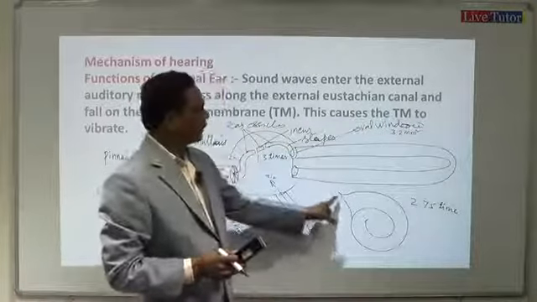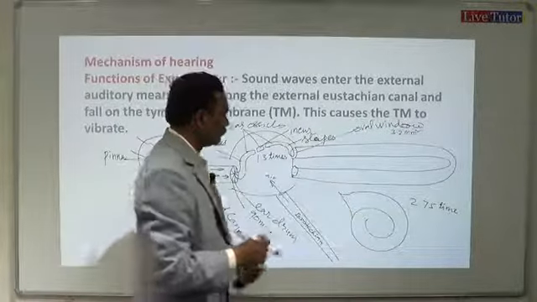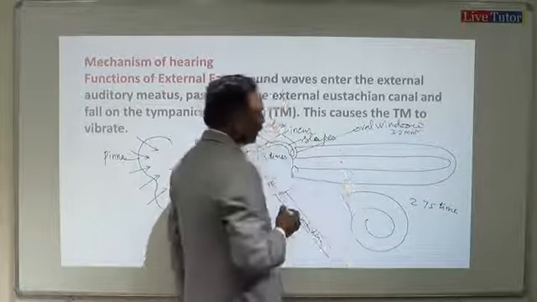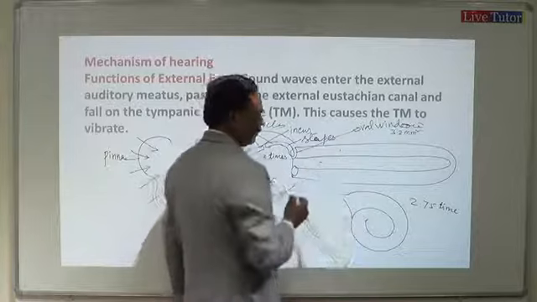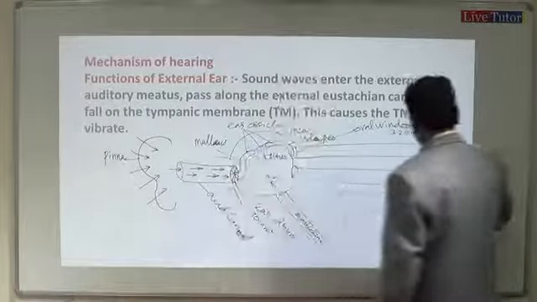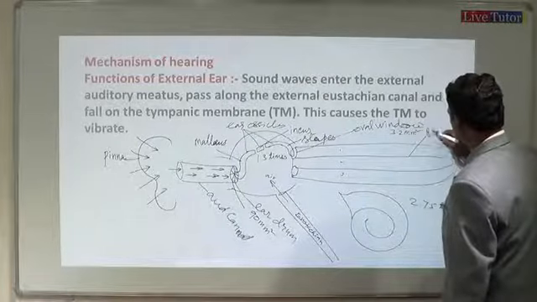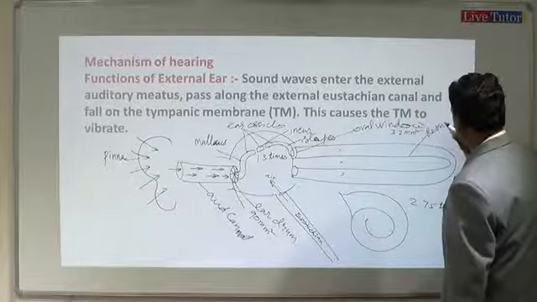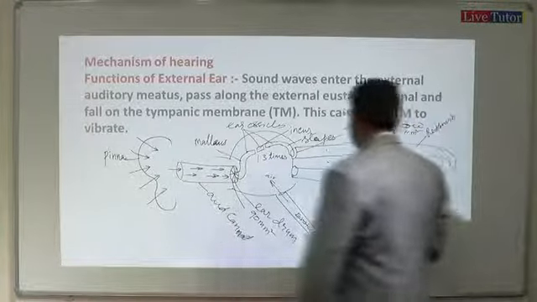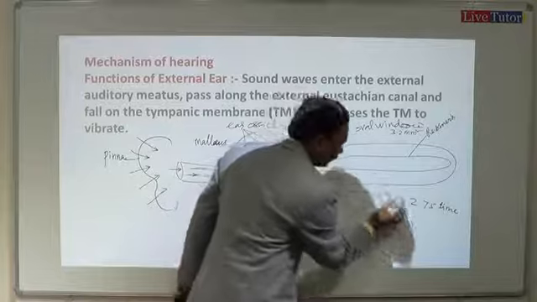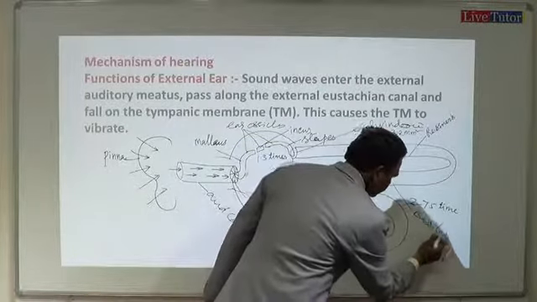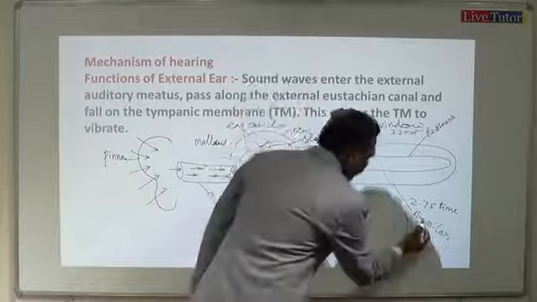Then the cochlea is separated into 3 canals by 2 membranes. One is called the Reissner's membrane. The other is called the basilar membrane.